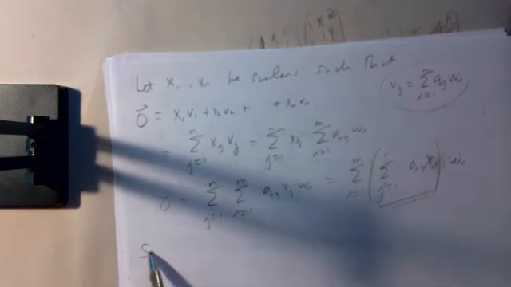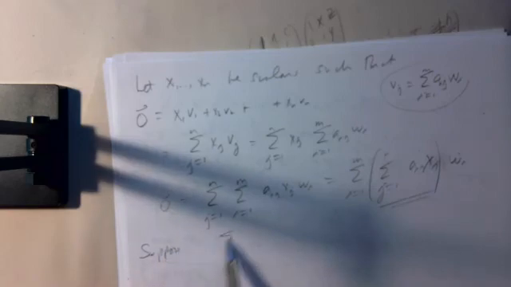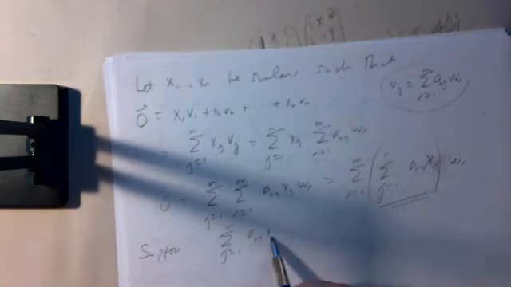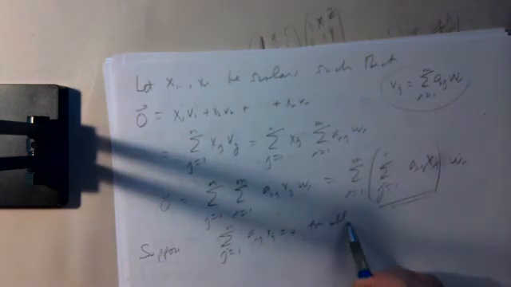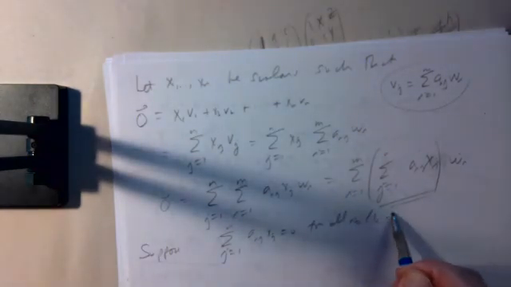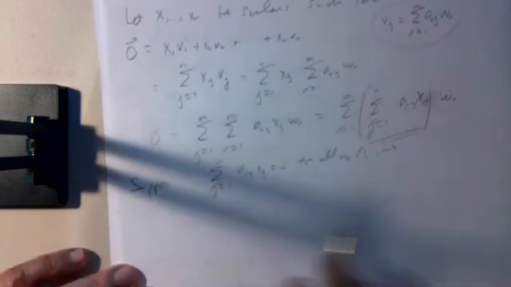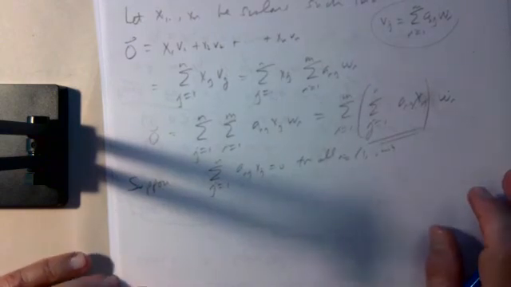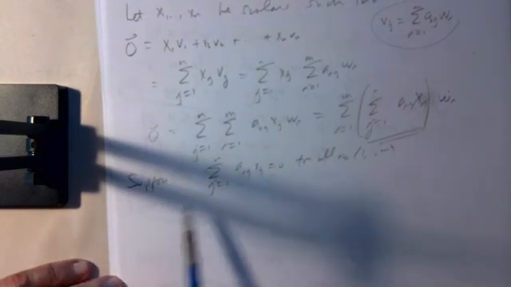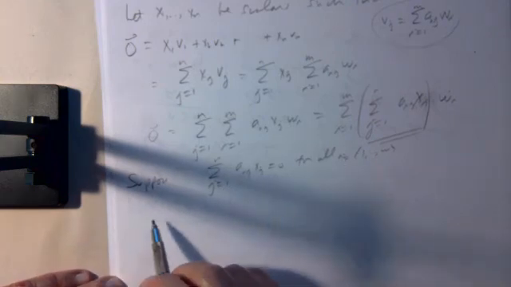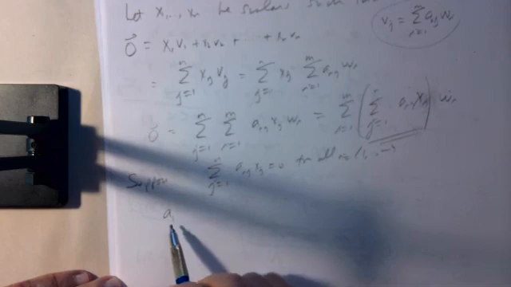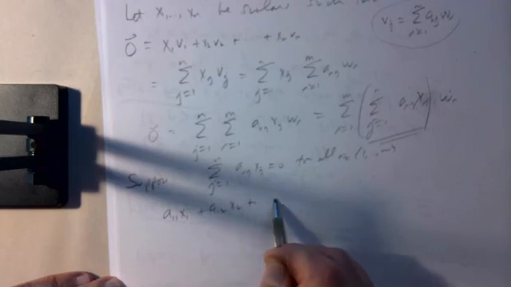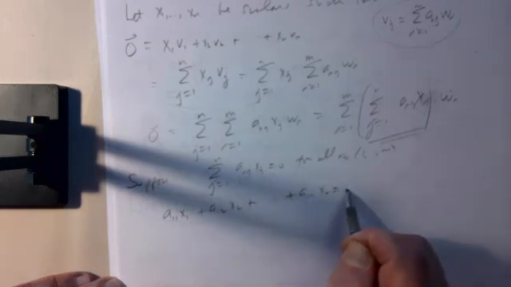out to be zero. So suppose the summation j goes from 1 up to n, a_ij x_j equals 0 for all i from 1 up to m. Let me write this out. So when i is equal to 1, this is a linear equation that's homogeneous. a11 x1 plus a12 x2, up to a1n xn equals 0.